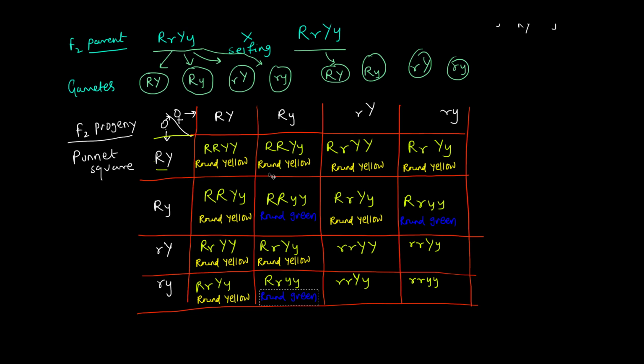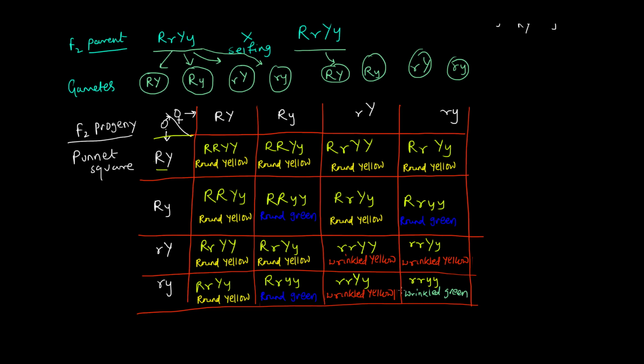The next one is going to be wrinkled; round is over, so wrinkled yellow. How many wrinkled yellow? Let's find out. Here we have one, here you have wrinkled yellow, and here also. And finally what you're going to have is wrinkled green, right? It is a wrinkled green.